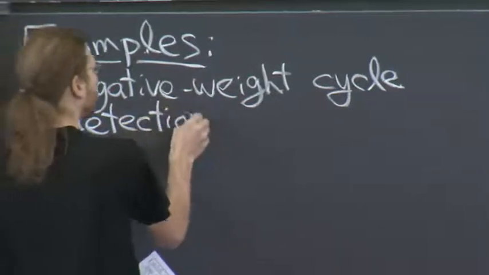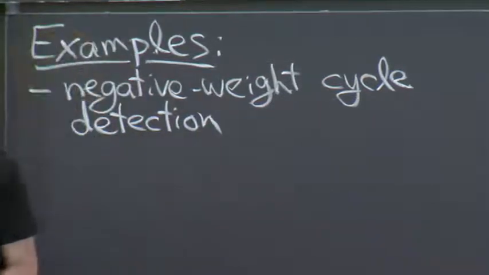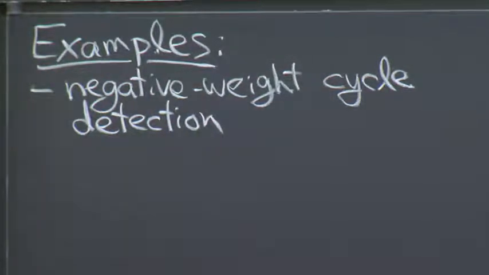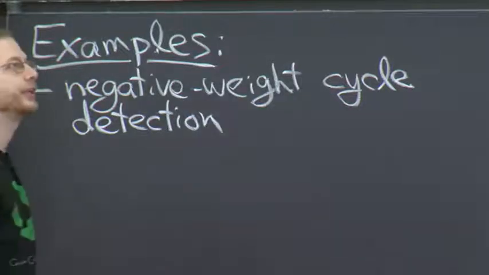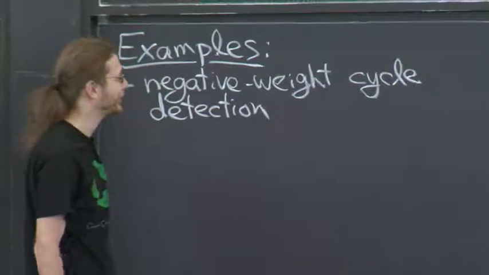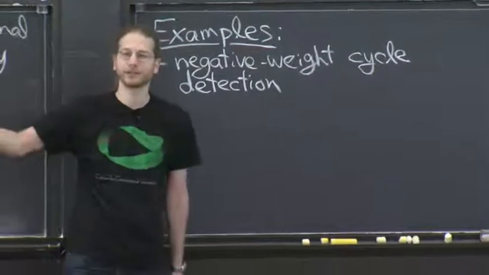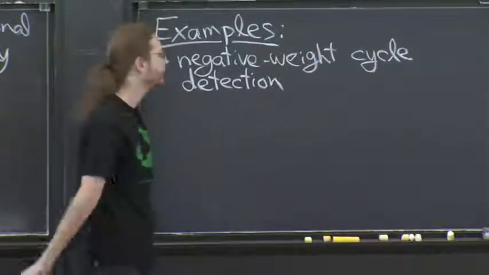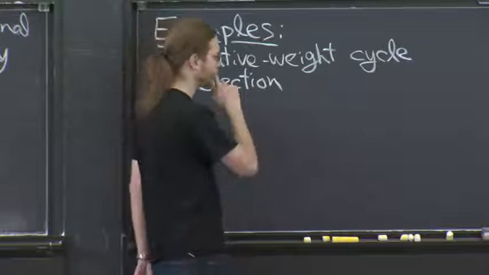I give you a graph, a weighted graph. I want to know, does it have any negative weight cycles? What class is this problem in? P. We know how to solve this in polynomial time, in VE time, using Bellman-Ford. Well, that finds negative weight cycles reachable from S. But I guess if you add a source that can reach anywhere with 0 weight, then that'll tell you overall.